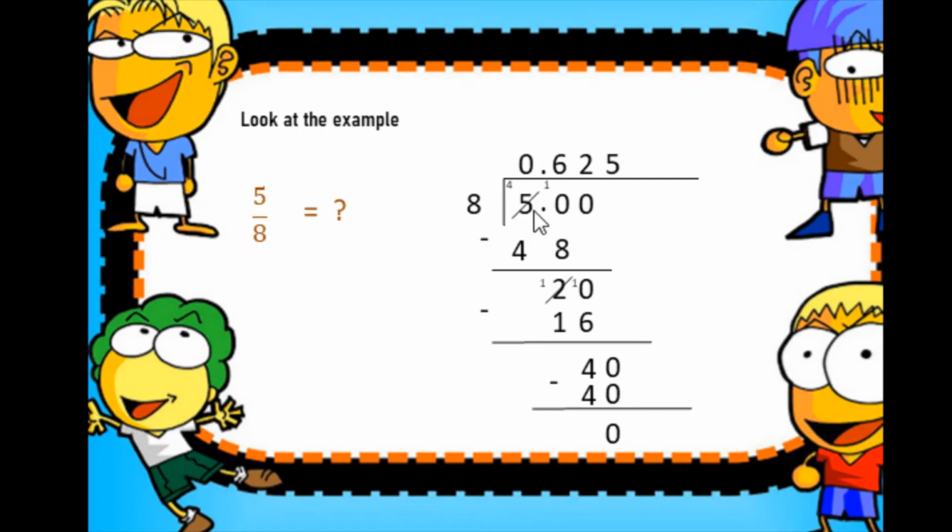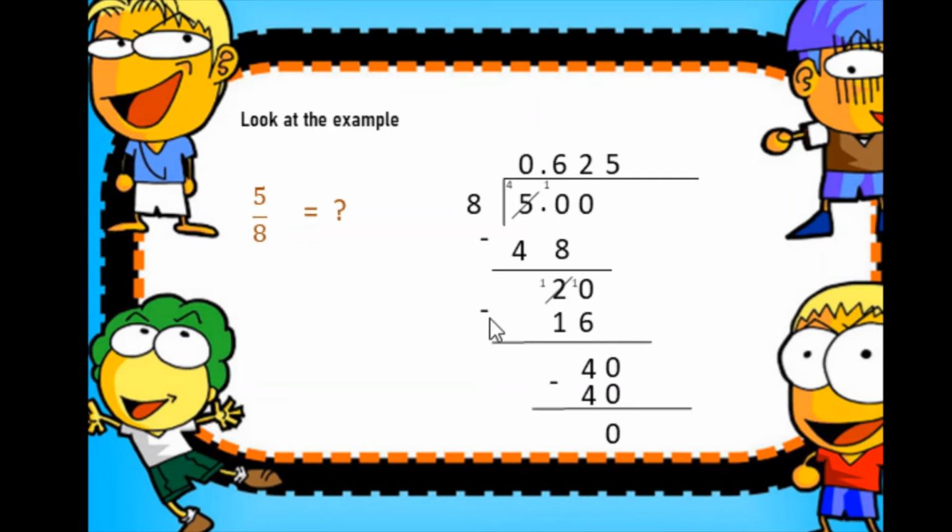Subtract 48 from 50, you get 2. 2 divided by 8 cannot be done, so put 0, then it becomes 20. 20 divided by 8 is 2, and 2 times 8 is 16.